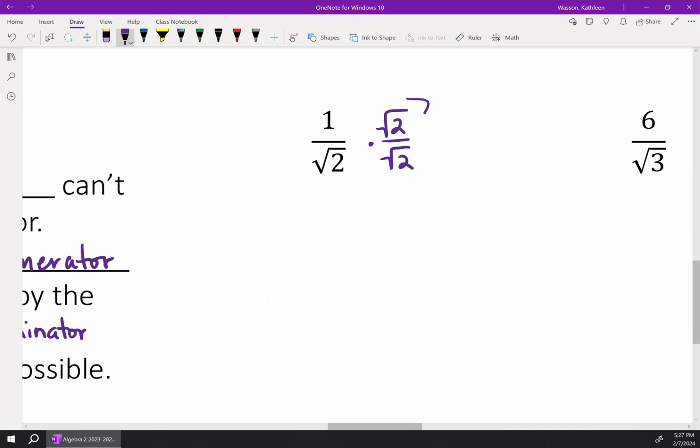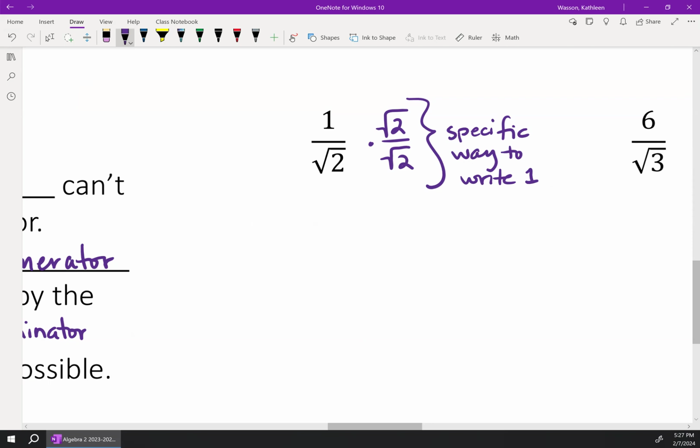This is just a really specific way to write 1. So you're always allowed to multiply by 1. That's why we can do it like this.